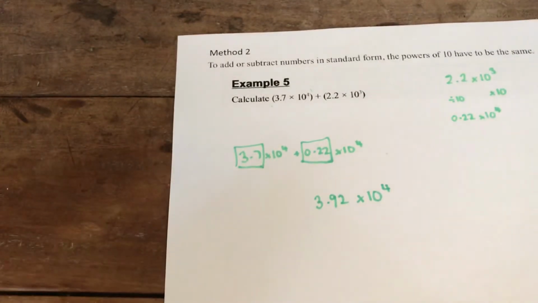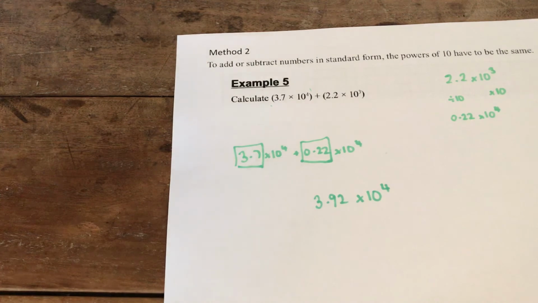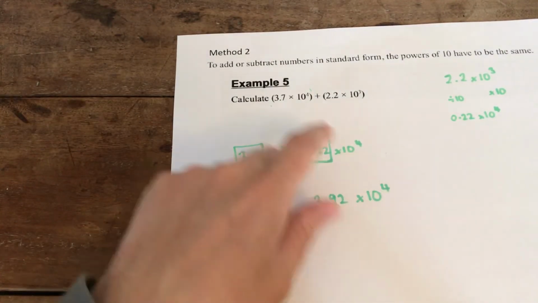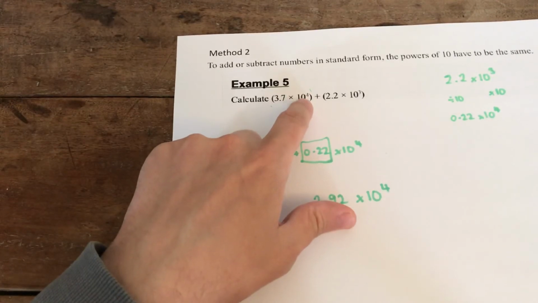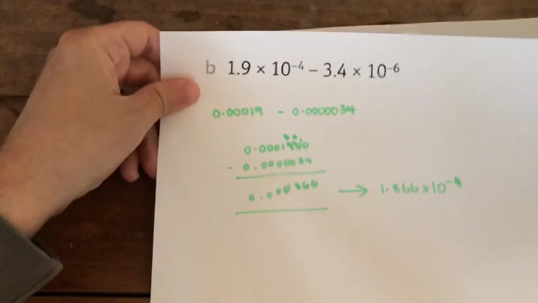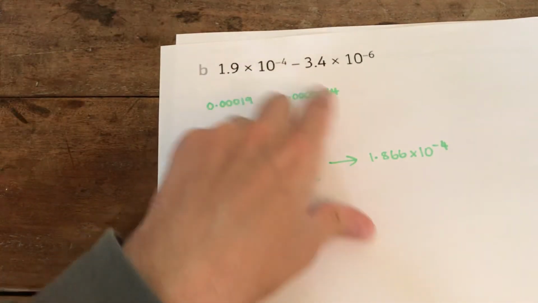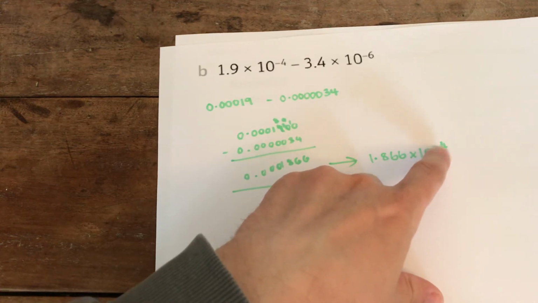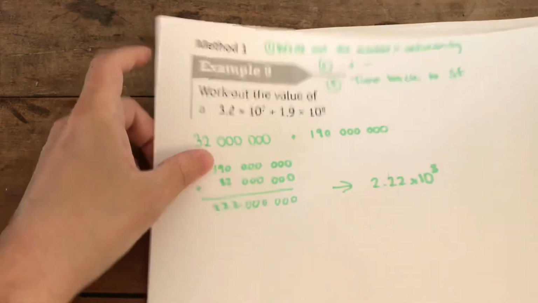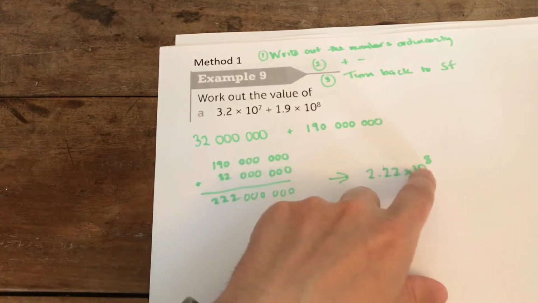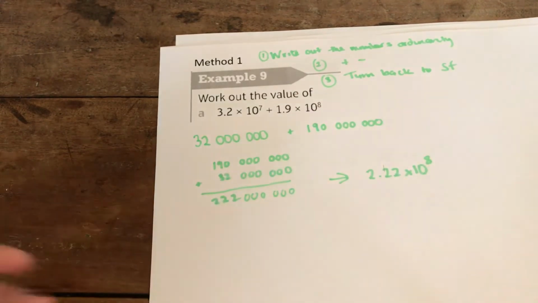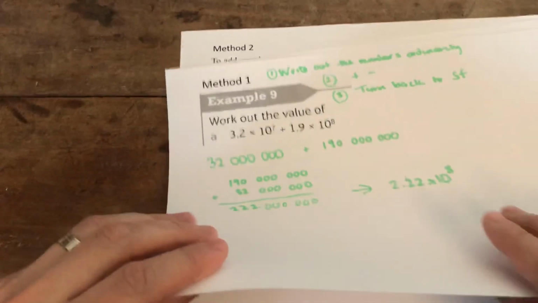If you notice, whenever you're adding and subtracting, if you have issues or you're wondering with the powers, the power is nearly always the bigger power. So our bigger power was -4, and our answer had -4. Our bigger power here was 8, and our answer here had 8. And we could use those methods to solve these as well.